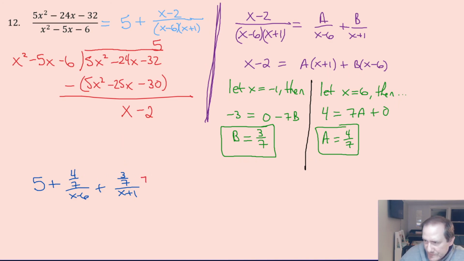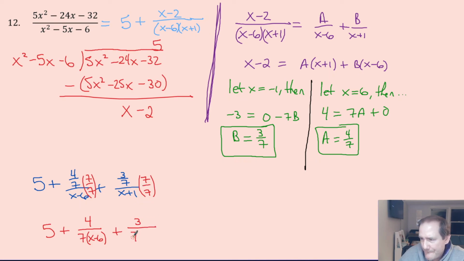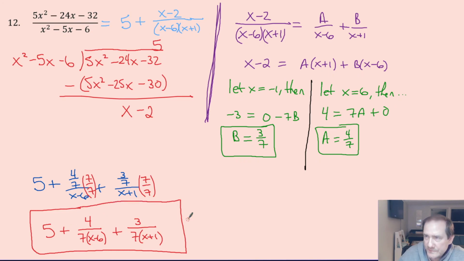So you just hit this with a 7/7, and this one too. And so now you have plain old 5 plus. These 7's cancel, so you now have a numerator that's just a 4. And in your denominator you have 7 times x minus 6. And then you have 3 over 7 times x plus 1. And that is the final answer.